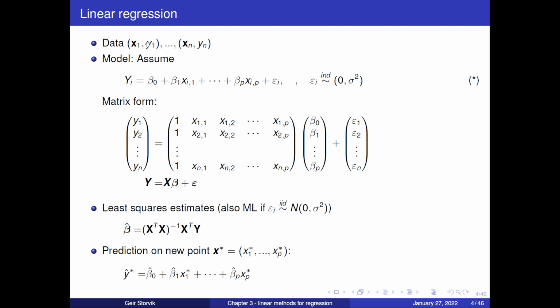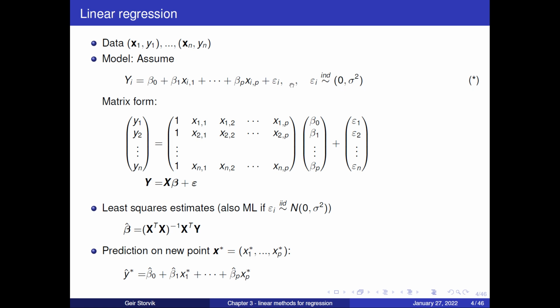So we have data, a lot of x's and y's from 1 to n. And we now make a model saying that the y is built up by a linear relationship of the x's, but this relationship is not perfect, so we have some noise in the end.